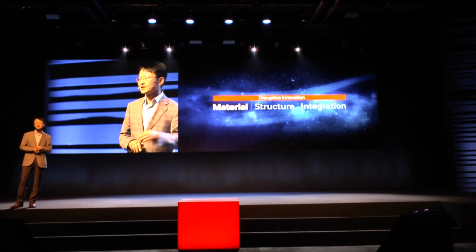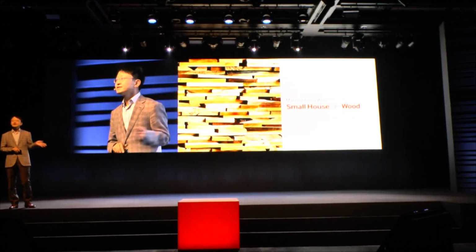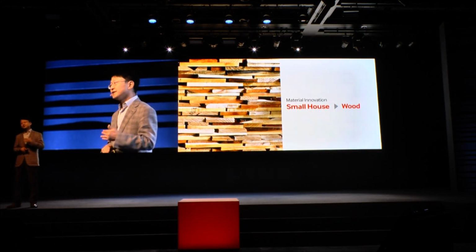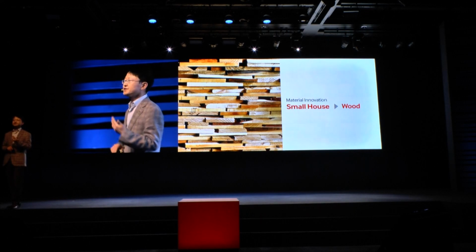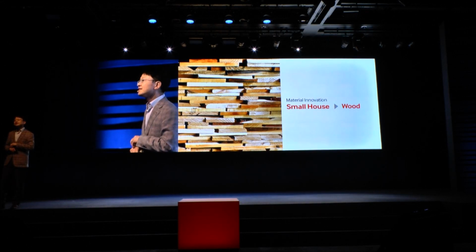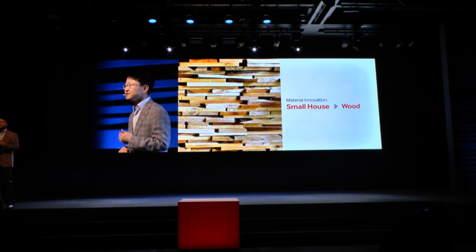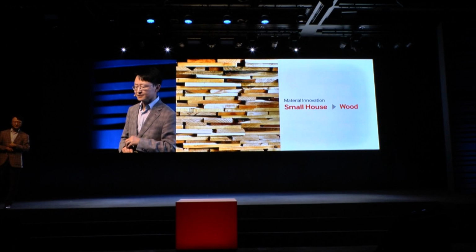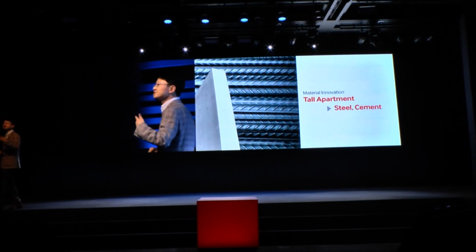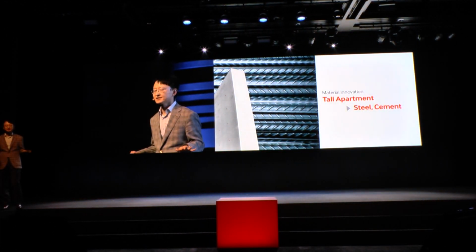Let's start with the material innovation. Taking the example from before, when building a house, the main material you usually need is wood. However, to build a high-rise apartment, you need reinforced steel and cement. Just like that, the materials used in 2D NAND and 3D V-NAND are completely different.